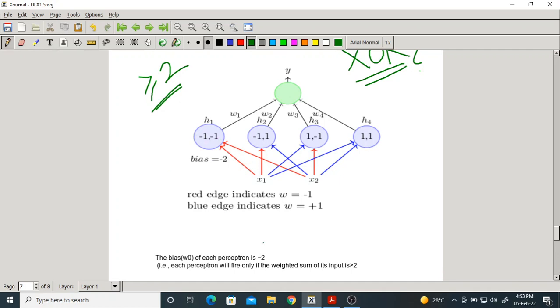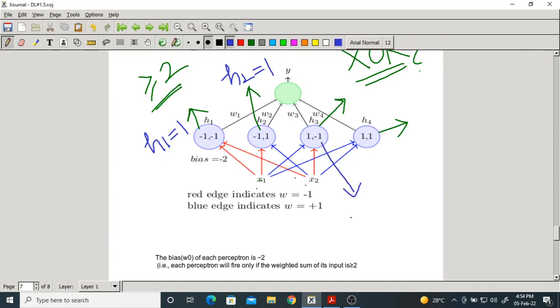When the input is -1 and -1, this will fire. When the input is -1 +1, it will fire. +1 -1, it will fire. +1 +1, it will fire. Firing means H1 equal to 1. Here firing means H2 equal to 1. Here H3 equal to 1. Here H4 equal to 1.